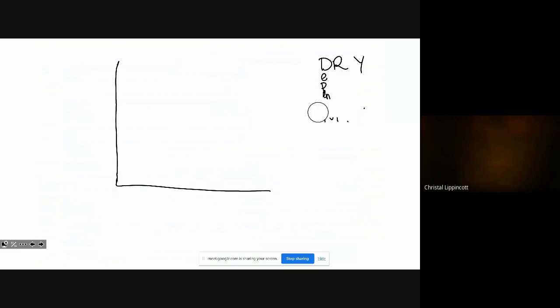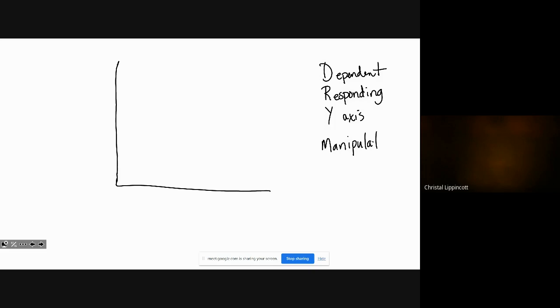The R is for responding. It's responding, and it is going to go on the y-axis. This is responding to the manipulated. So what are you changing? That is your independent variable.